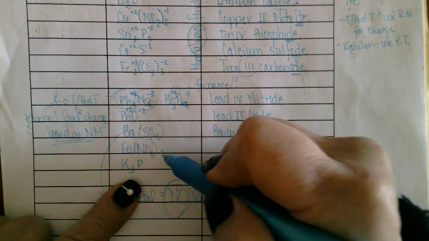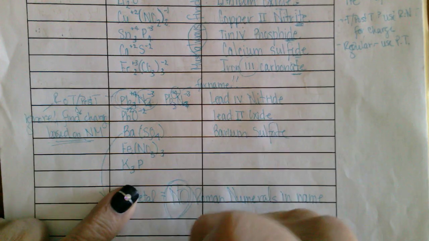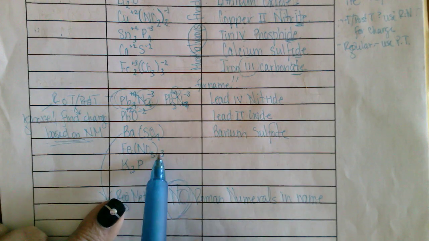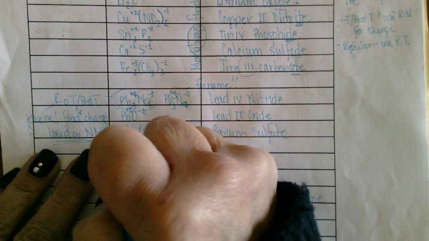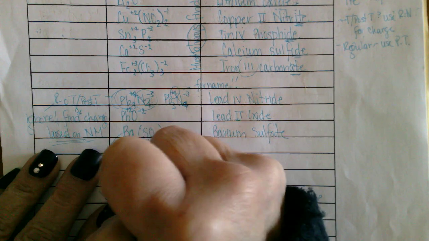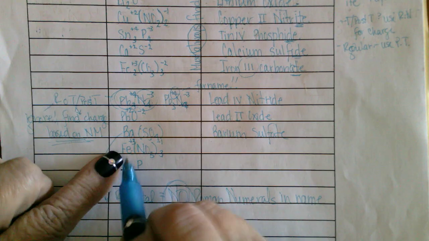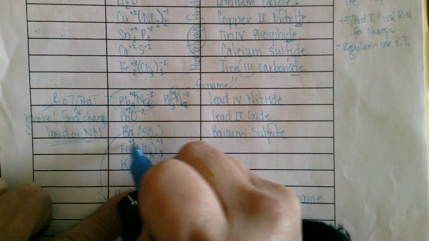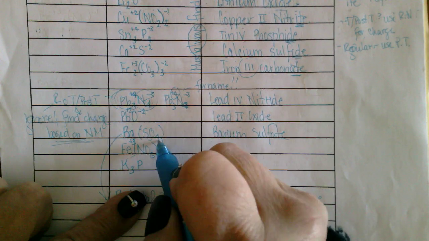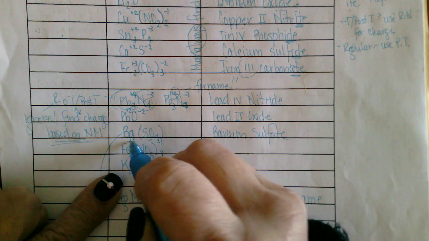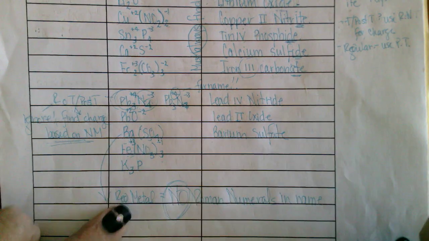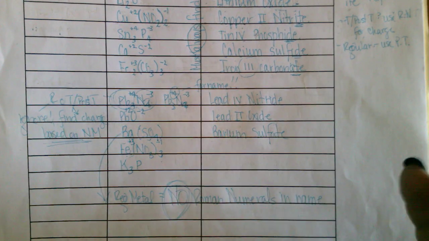Iron, okay, that is a transitional metal, so I have to figure out the charge based on the nonmetal. I have subscripts down here, so I can just bring those subscripts up. So iron is going to be, notice that I pulled it up in the arrow to find the charges, just like when I have the charges, I pull them down in the arrow to find the subscripts. It works either way.